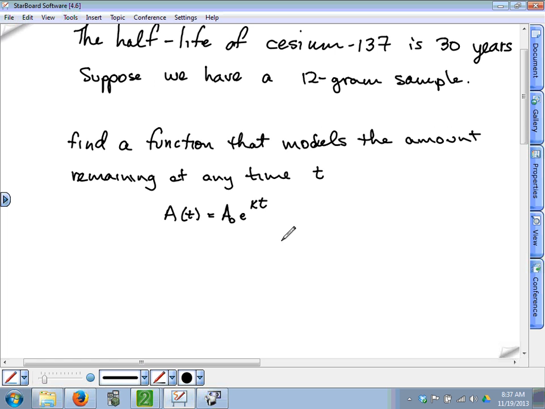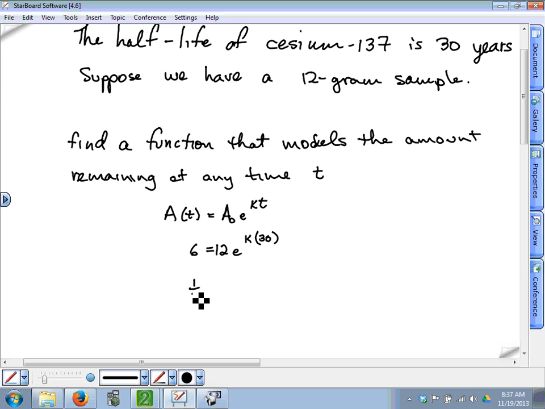So anyway, we still don't know that relative growth rate, the value of k, but we do know an initial count. There's 12 grams. And if we allow time to equal 30 years, that's a full half-life. If we allow a full half-life to pass, what's the remaining mass of the sample? 6. So what we're doing now is to solve for the relative growth rate, and then we can finish our model.